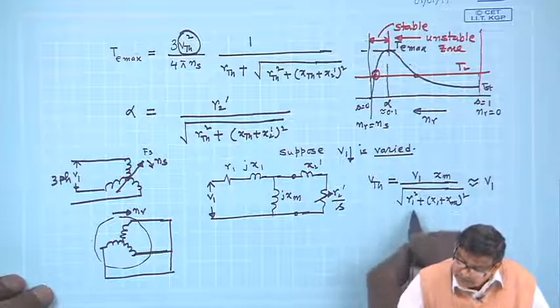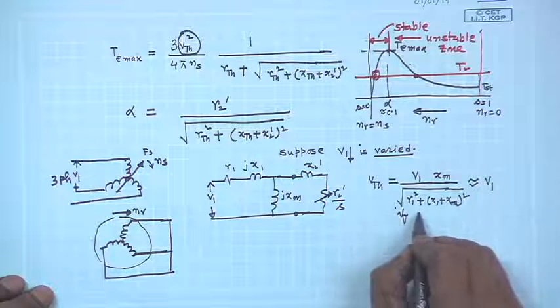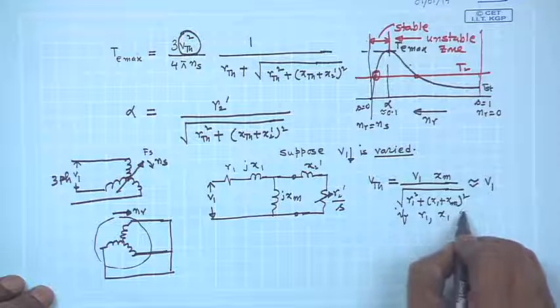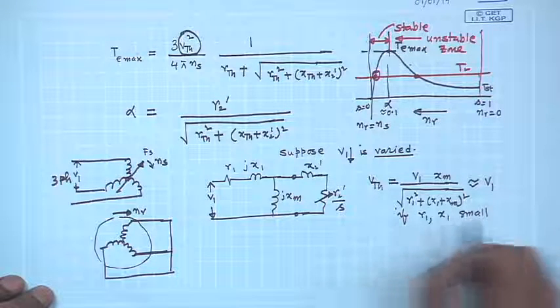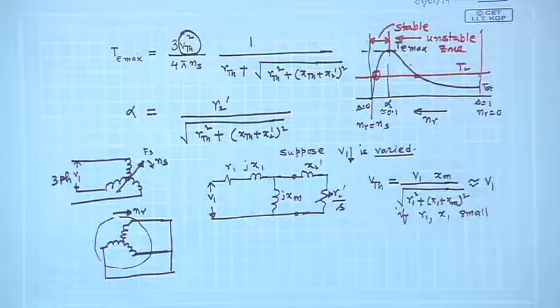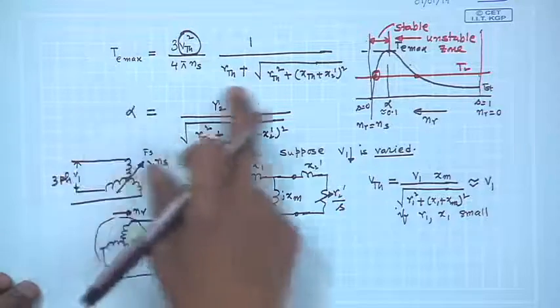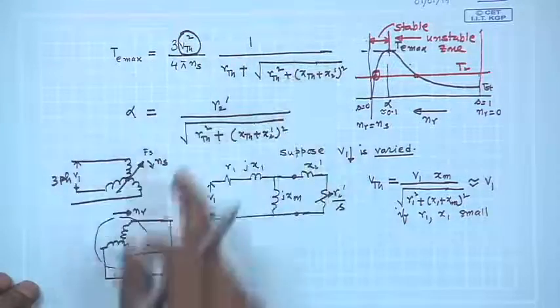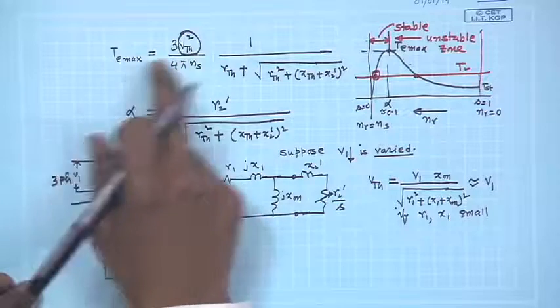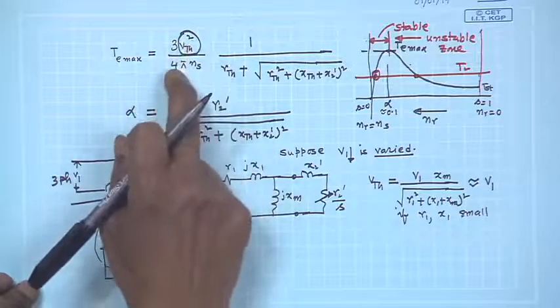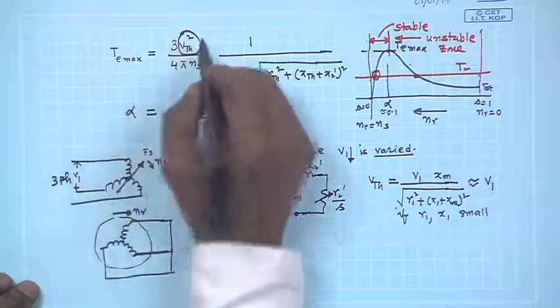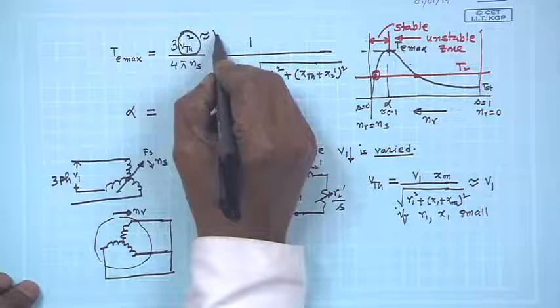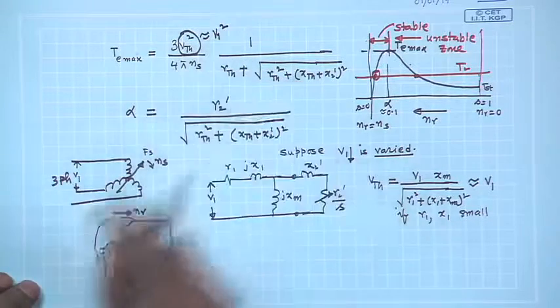That is, R1 and X1 are small compared to Xm. So, if you reduce the voltage in this expression of T max, the T max will also get reduced, because V Thevenin squared is approximately V1 squared. As a first approximation, we can assume that.